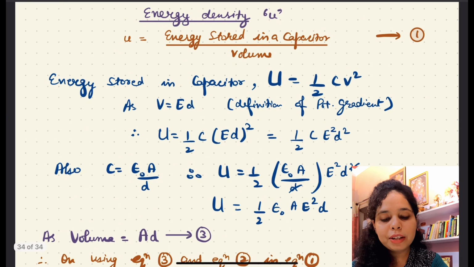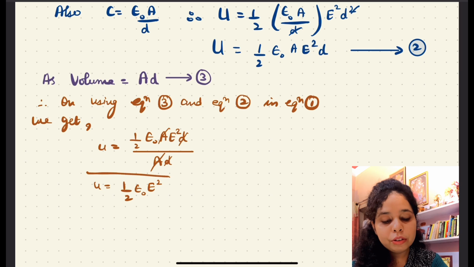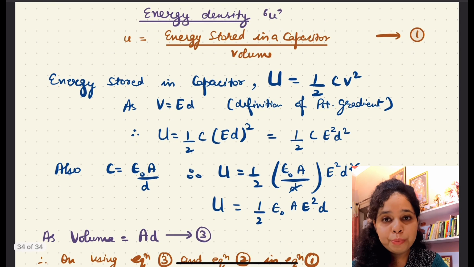So it is divided by volume. So volume, we have written A into small d. So A into small d, we will cancel A and we will cancel d. So we are left with energy density is equal to half epsilon naught E square. So this is equation number 4 and the expression for the energy density u.